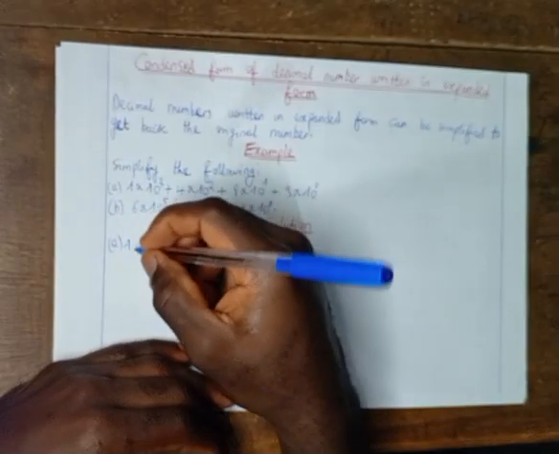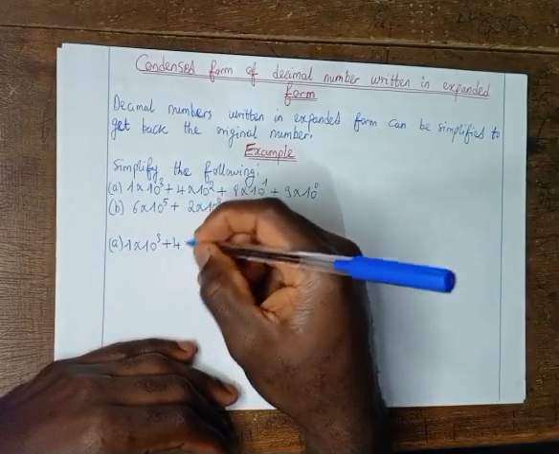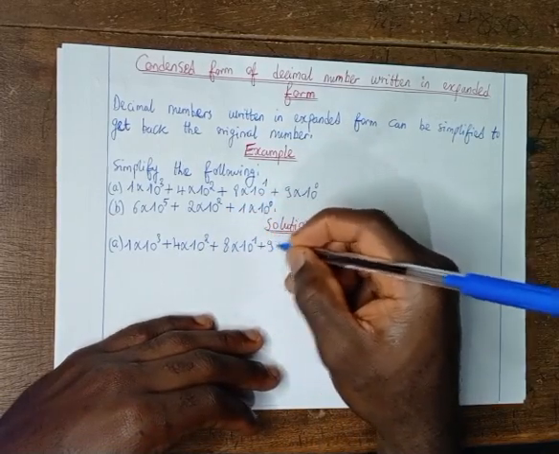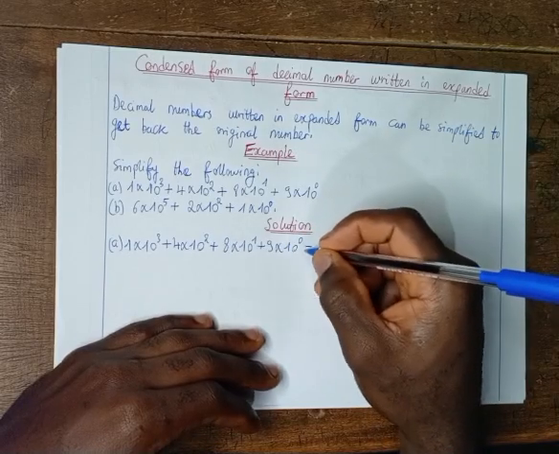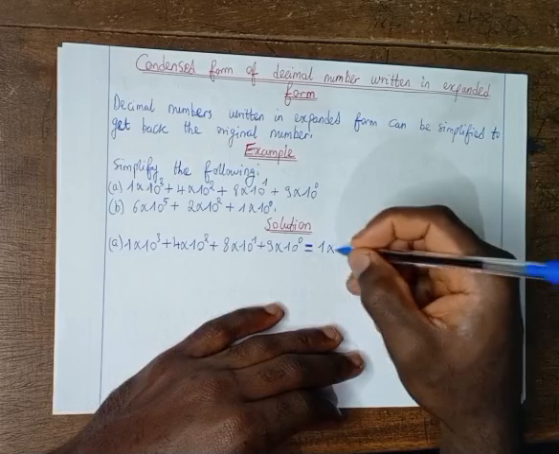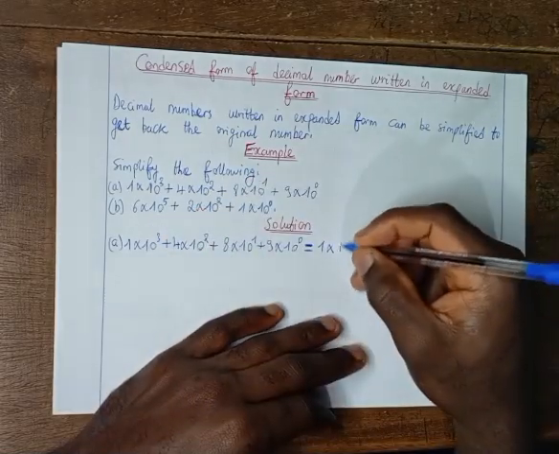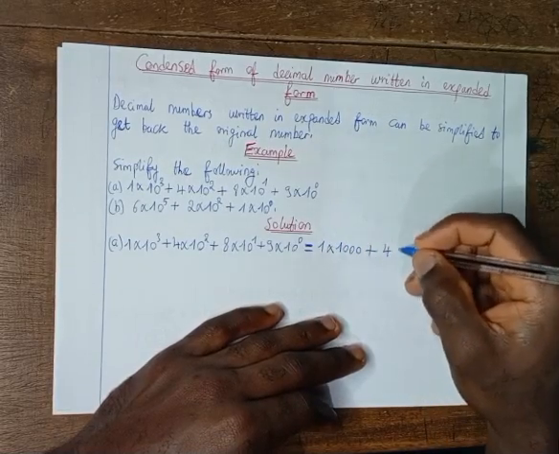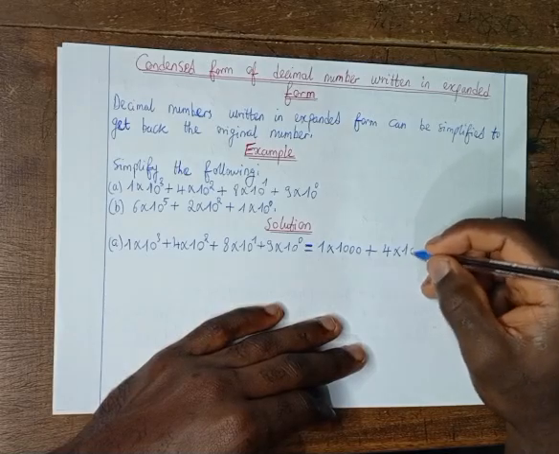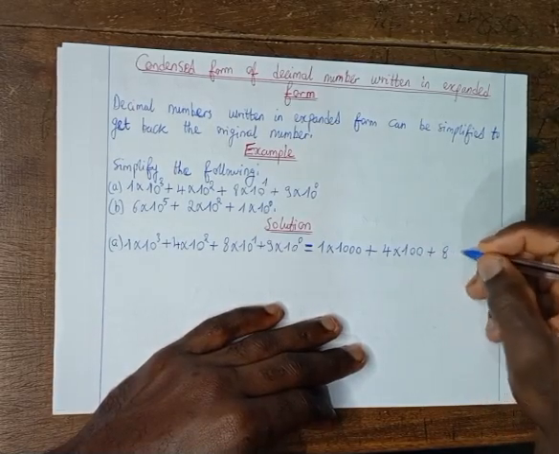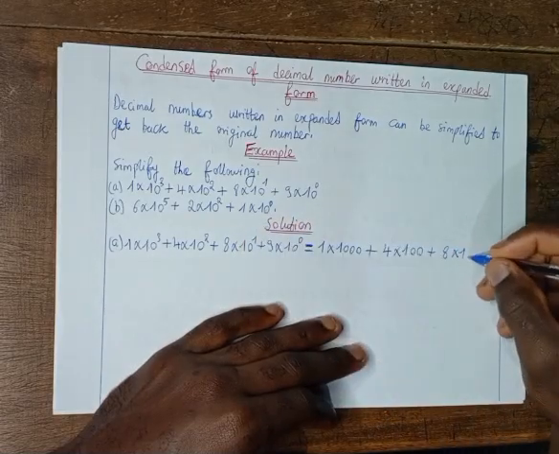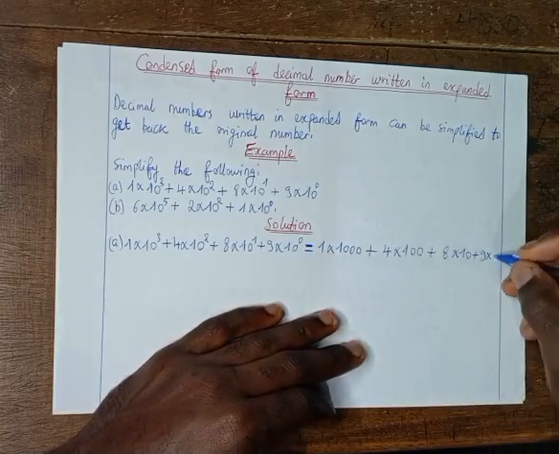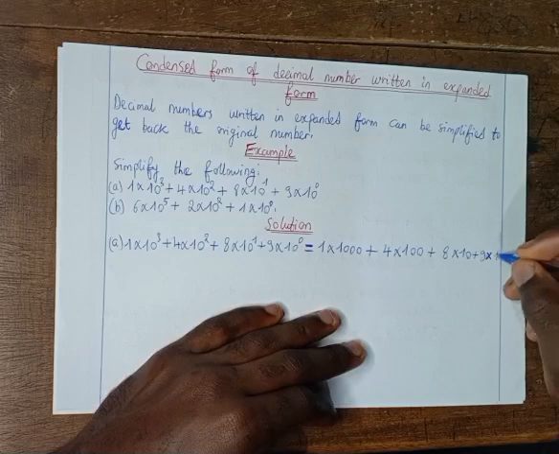A, we have 1 times 10 to the power 3 plus 4 times 10 to the power 2 plus 8 times 10 to the power 1 plus 9 times 10 to the power 0, which is simply equal to 1 times, we know 10 to the power 3 is simply 1 with 3 zeros, 1000, plus 4 times 10 to the power 2, 1 with 2 zeros, 100, plus 8 times 10 to the power 1, 1 with 1 zero, which is 10, plus 9 times 10 to the power 0, which is simply 1.